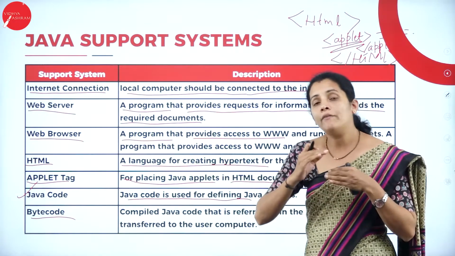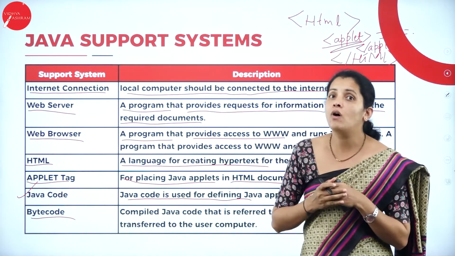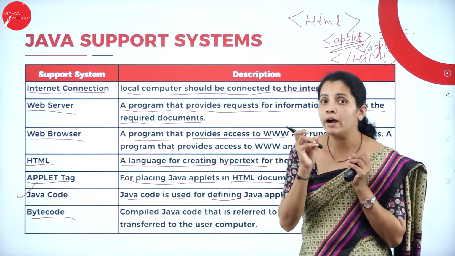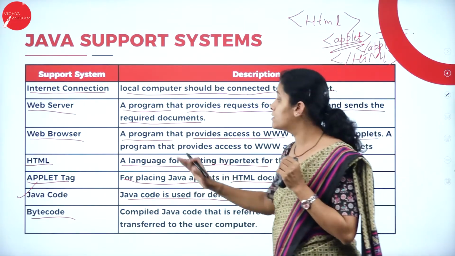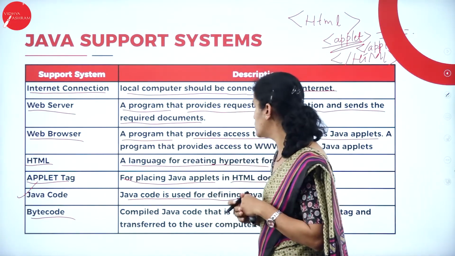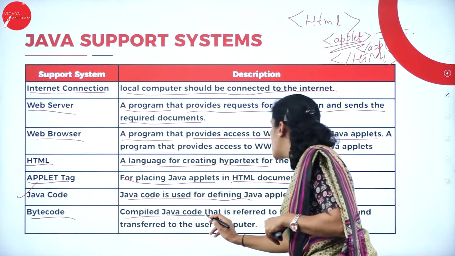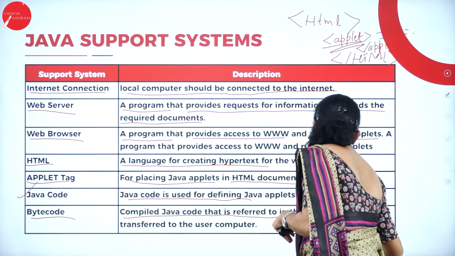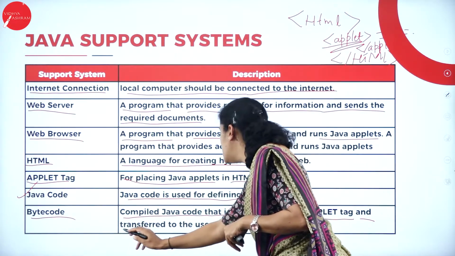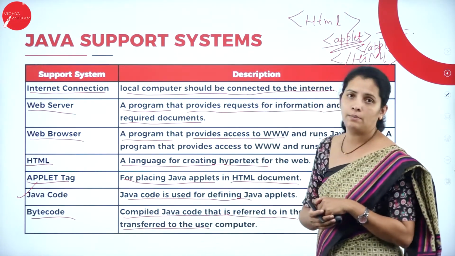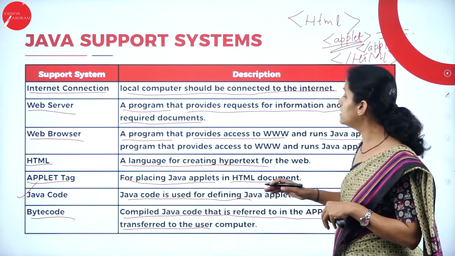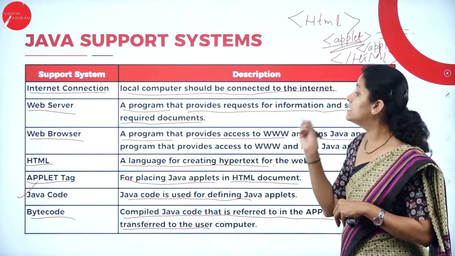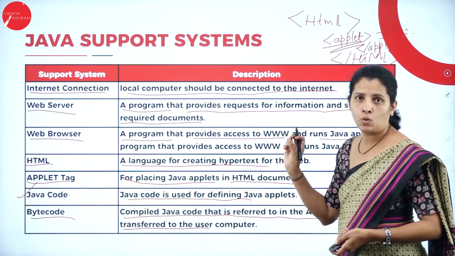That means after the compilation of a Java program, whatever executable file I get is called bytecode. So the compiled Java code is referred to by the applet tag and transferred to the user computer. That means whatever compiled Java code I have is called bytecode.